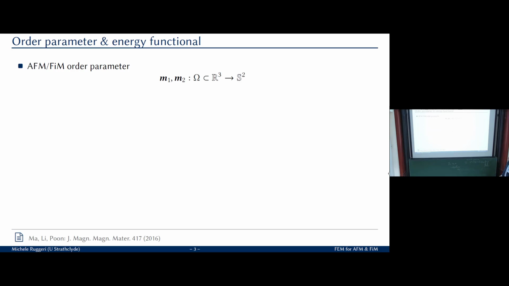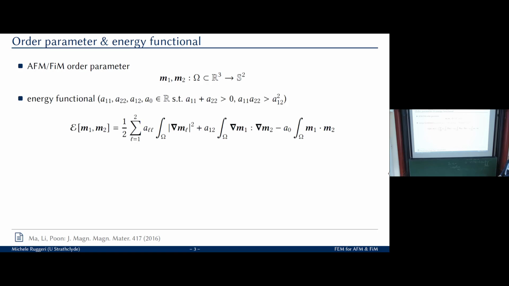The reason is that the order parameter, the quantity which describes the magnetic state of your material, is actually made of two unit length vector fields, m1 and m2, defined on the domain under consideration and attaining values onto the unit sphere.